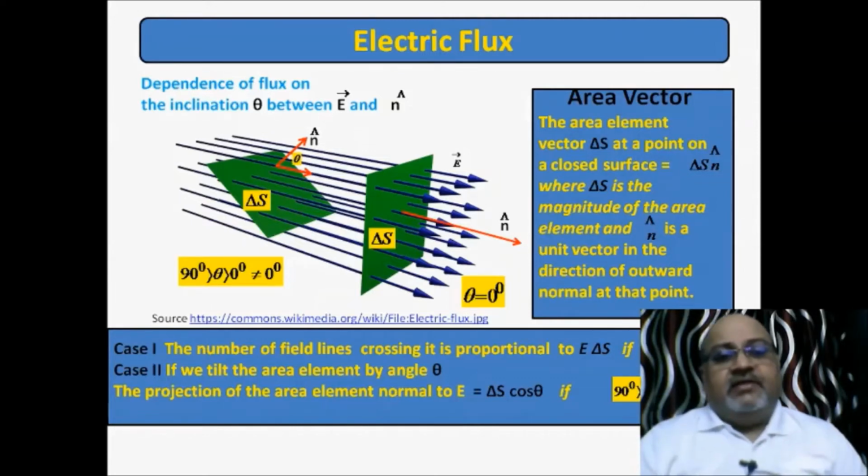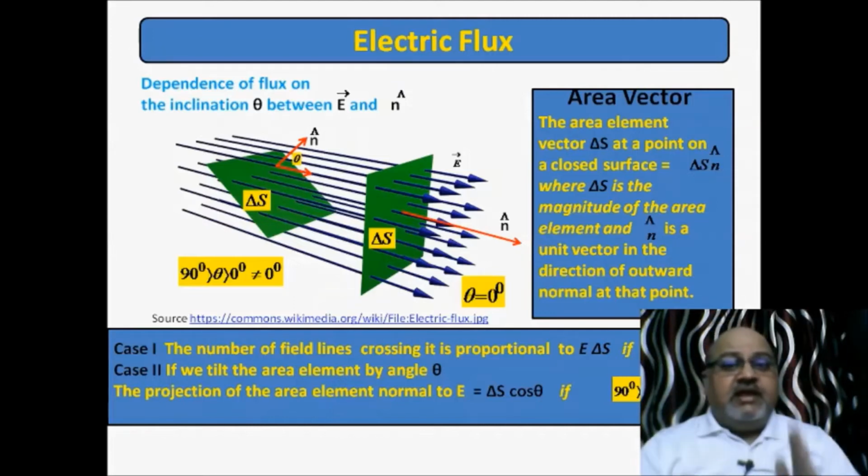Now here again we need the area perpendicular to the electric field, as in the case of the liquid flux. The requirement was the area perpendicular to the velocity. So we took delta S cos theta.